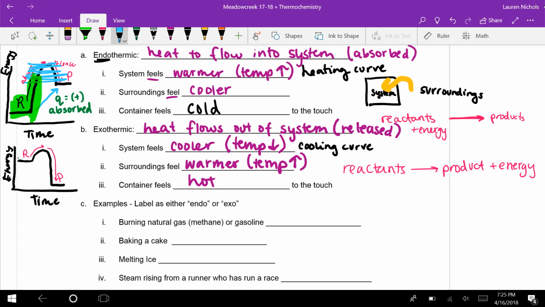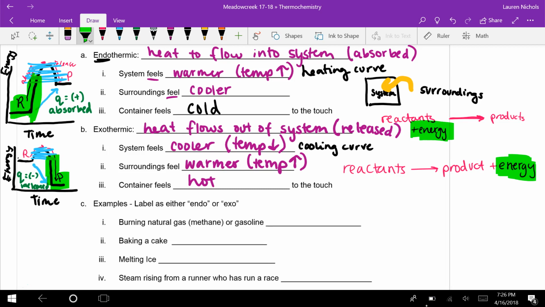And so again, if we ignore the amount, that kind of cancels out. We see that if we draw an arrow from reactants to products, it goes down. And so this tells us that Q is negative and that it is released. And because that excess energy is next to the product side, I know that I can write it on the product side of the equation there.